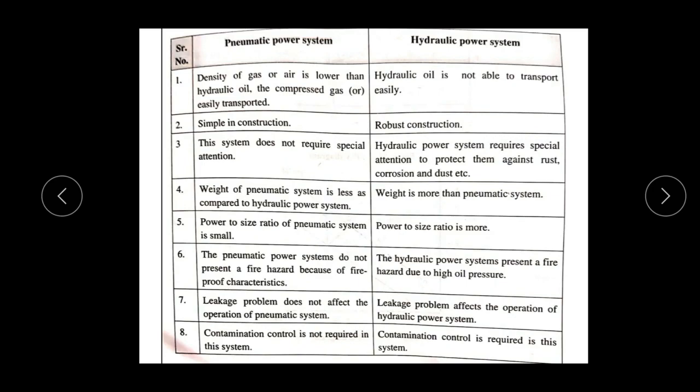Hydraulic power systems present a fire hazard due to high oil pressure. Leakage problems do not affect the operation of a pneumatic system. In hydraulic systems, leakage problems affect the operation. The last one is that contamination control is not required in the pneumatic system, but contamination control is required in the hydraulic system.